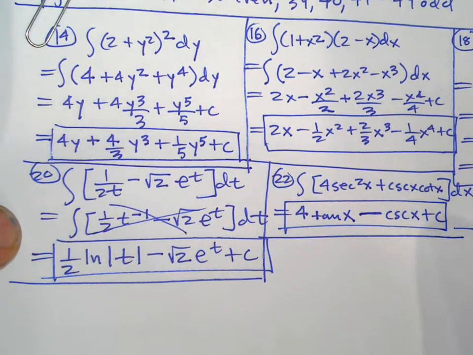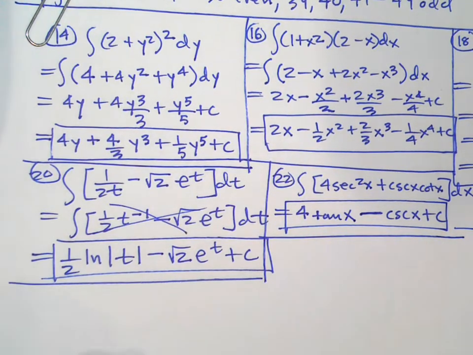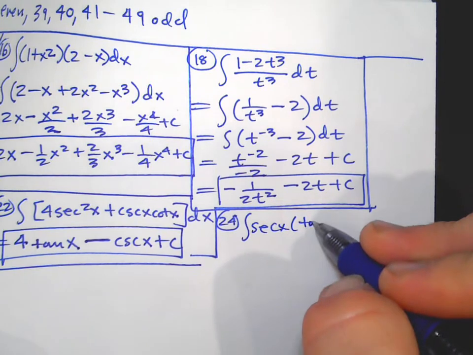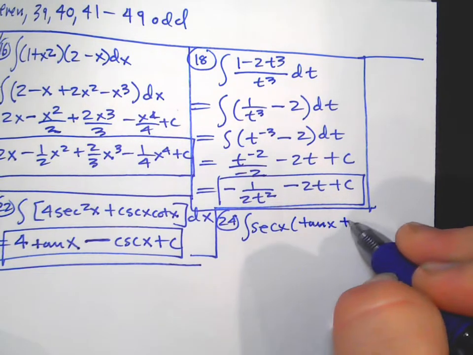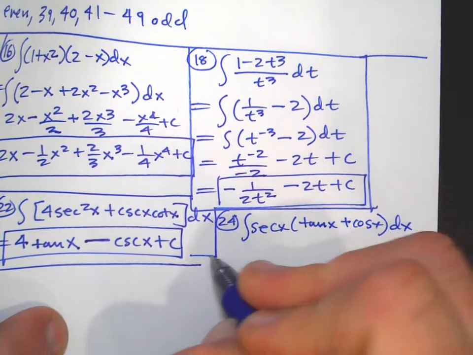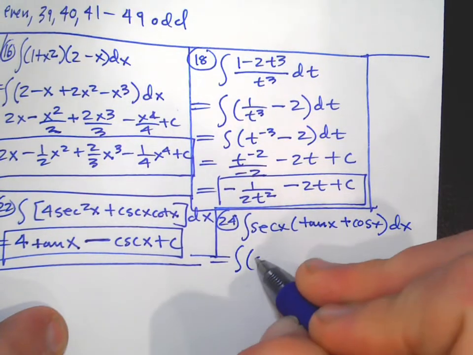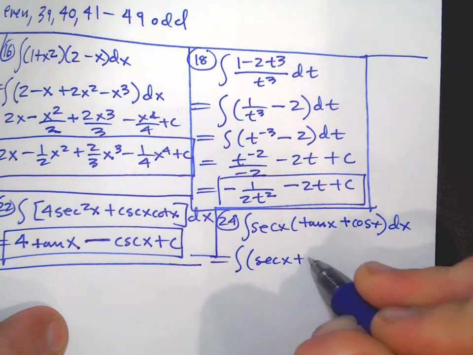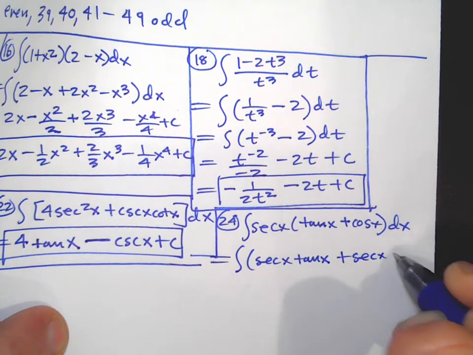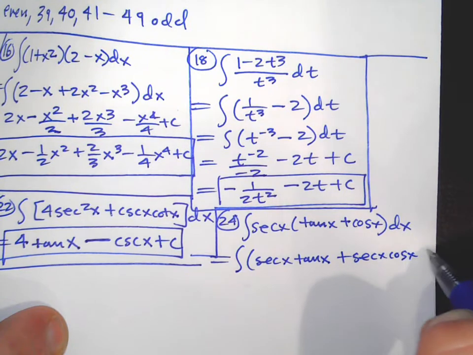24 is the integral of secant x times (tangent x plus cosine x) dx. I think it might be good to distribute this, and then you get secant tan, which is something we recognize. But then you get secant cosine, which is not something we recognize.